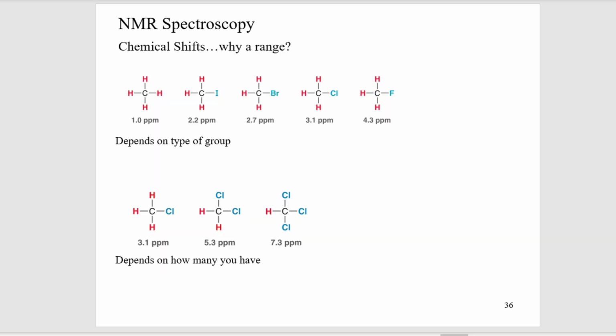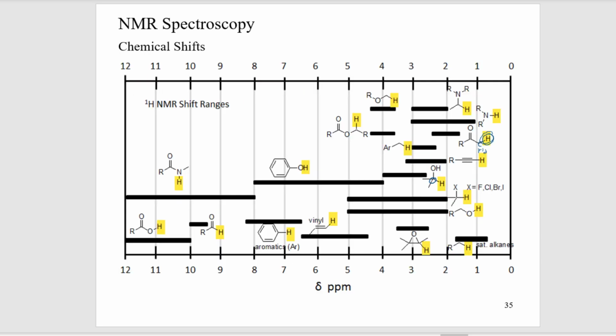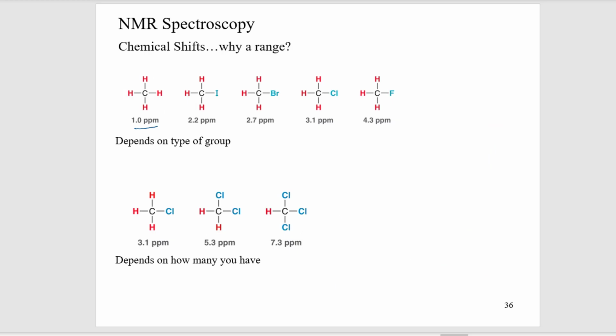Now, we can again use shielded versus deshielded to see whether things are going to be more upfield or more downfield. Take, for instance, methane. The hydrogens on methane are at 1 ppm. That is very much upfield, just saturated alkanes. What happens when we add a halogen, a very electron withdrawing group?